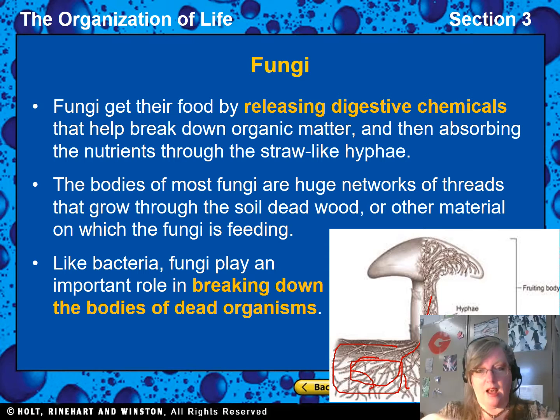So they release digestive chemicals down through those straws, the hyphae, out through their sort of roots, and they break down the rot or whatever it is that they're on. Once it's rotted, they bring it back up to get the nutrients out of it. So they get their food by releasing digestive chemicals.